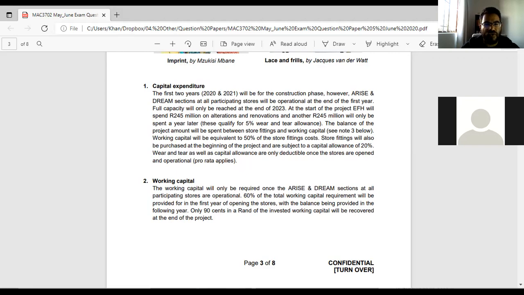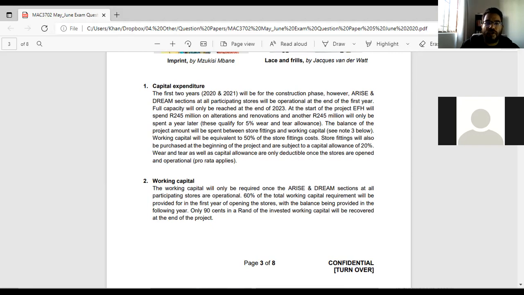Okay, so 245 and 245, what does that equal to? 245 times 2 comes to 490. Okay. The balance of the project amount will be spent between store fittings and working capital. See note number 3. So remember, they want 600 million for Arise and Dream.